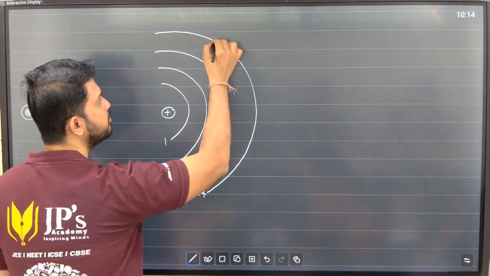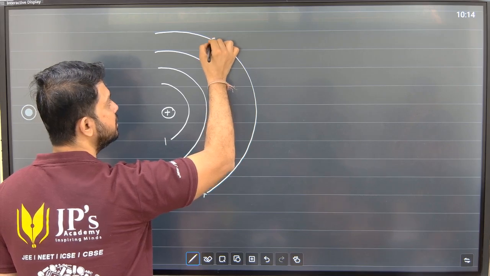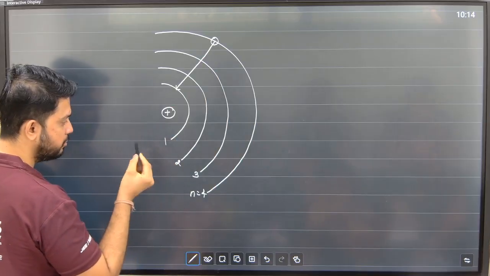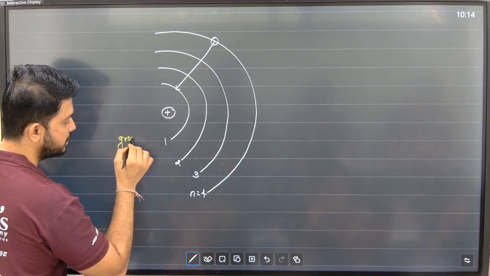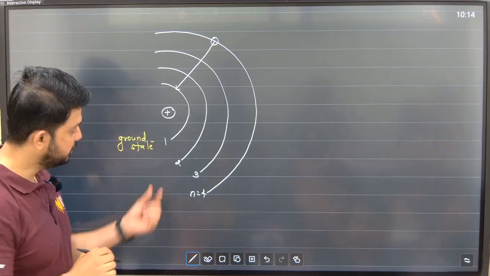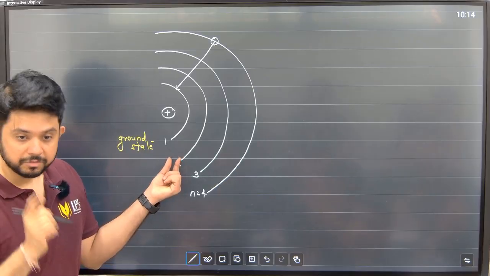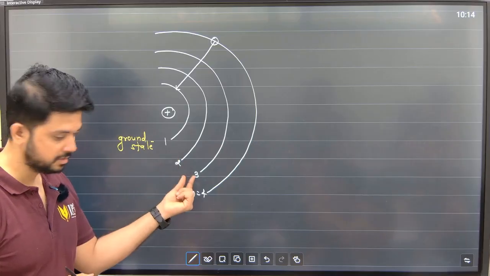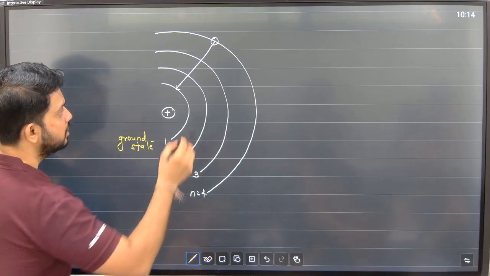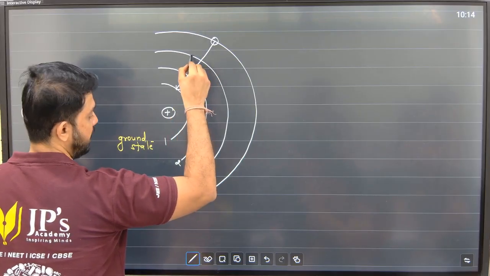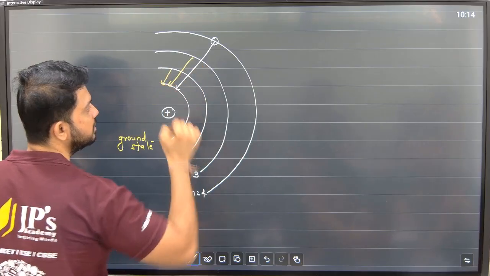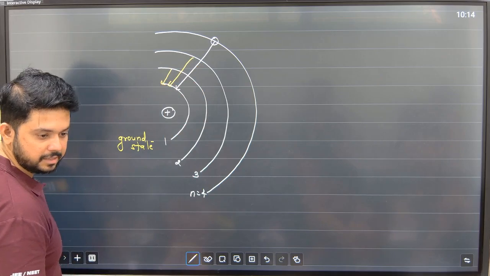So the electron can jump from a higher energy level to, remember this one was called the ground state. Then 2 will be called the first excited state, then the second excited state, so on and so forth. Or it can again come from, let's say, n is equal to 3, or from here. Are you people getting that?